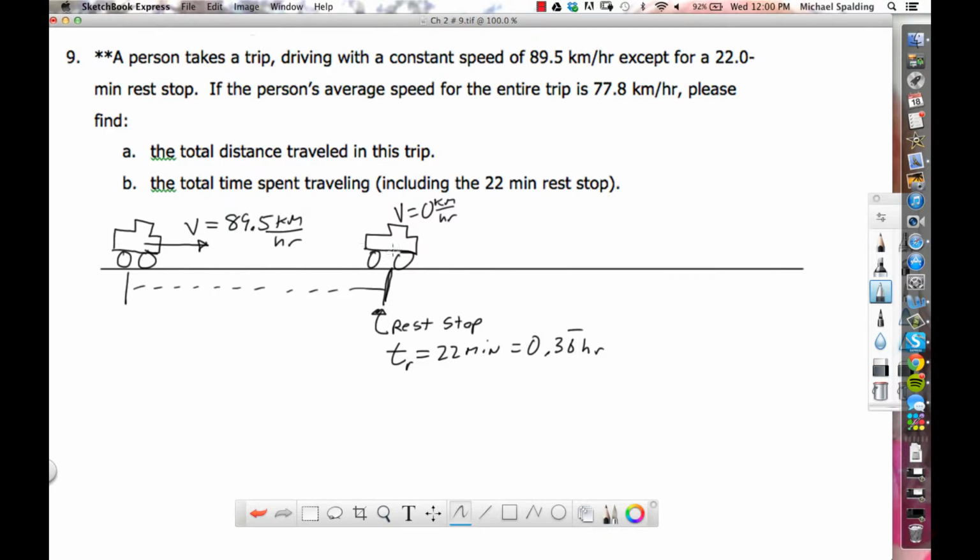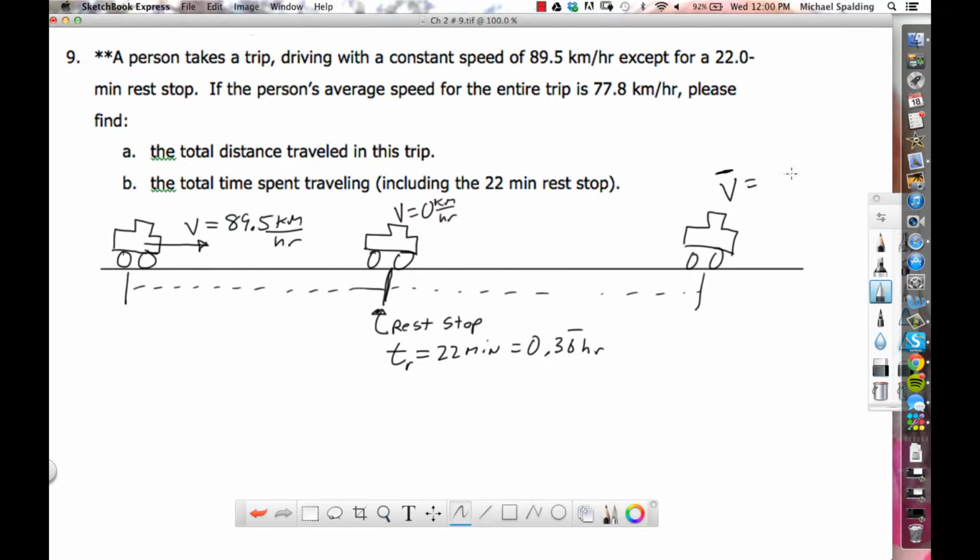Okay? All right, so after the rest stop, the person continues driving, and then down to here. And what we're told, let's see, is the person's average speed for the whole trip. So now the way you show average is you put a little line above it. So that little line there means average.